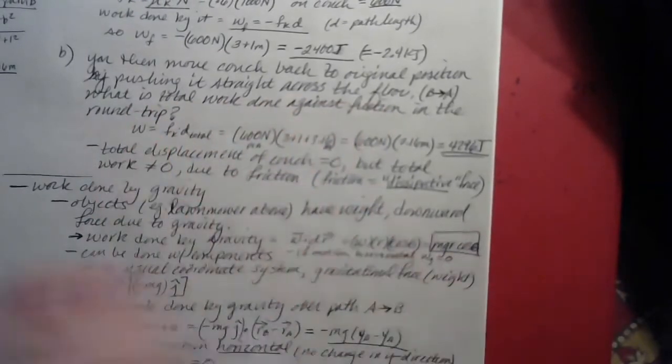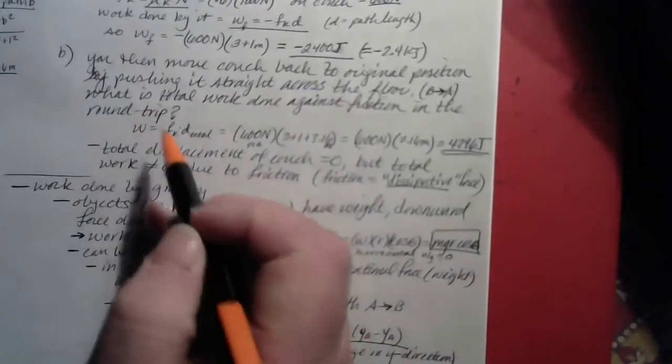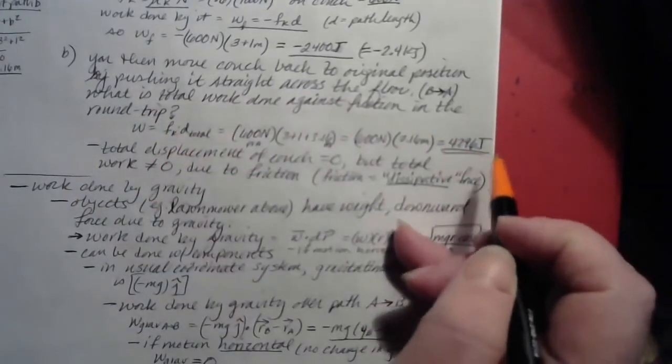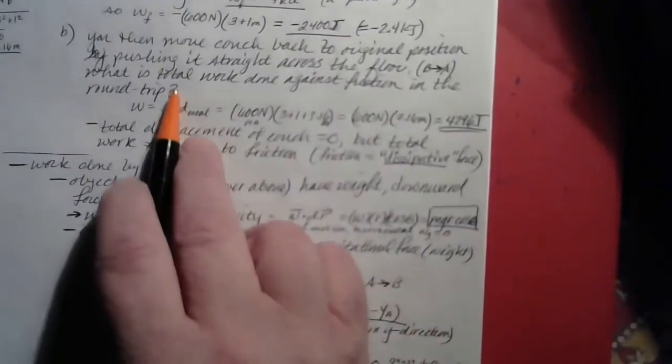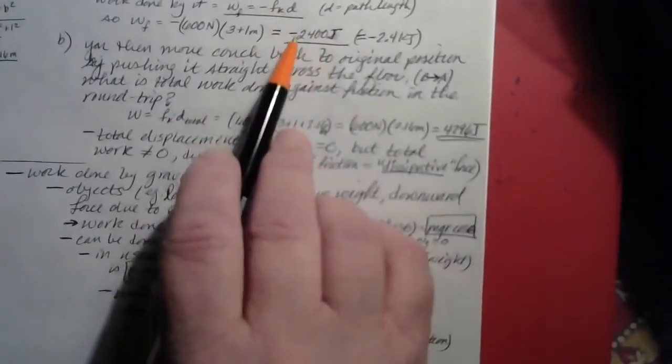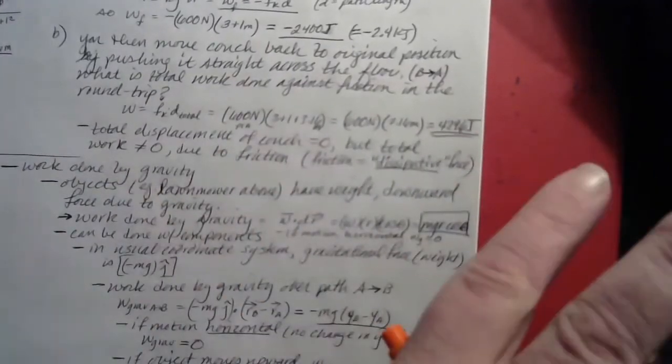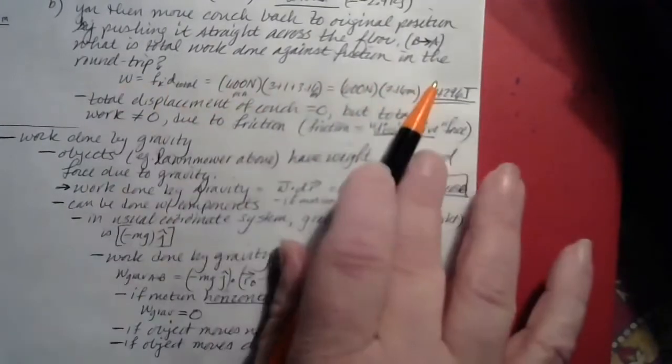If it were the total work done by friction, then friction is going against the direction of travel, so there would be a negative sign here, and it would be negative 4,296 joules. But because it's the work you're doing, you're pushing in the same direction as travel, and that is the reason that there's no negative sign, it's positive.